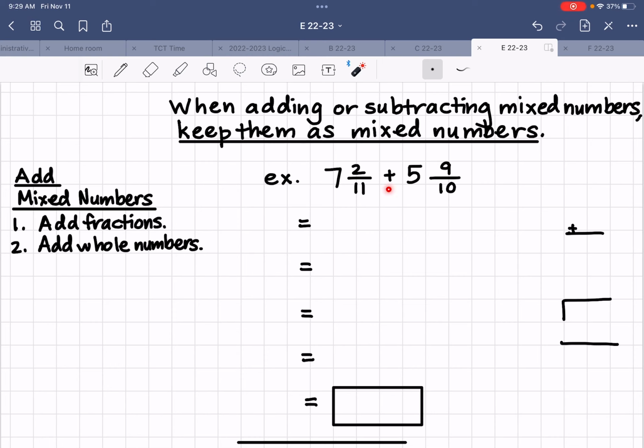All right, the first thing that we need to remember is when we're adding or subtracting anything, we have to make sure that we have the same unit or the same denominator. So what operation are we doing? We are adding. So we ask, do we have the same denominators? No, we don't. But we can make them have the same denominators by multiplying both the numerator and denominator by the same number.